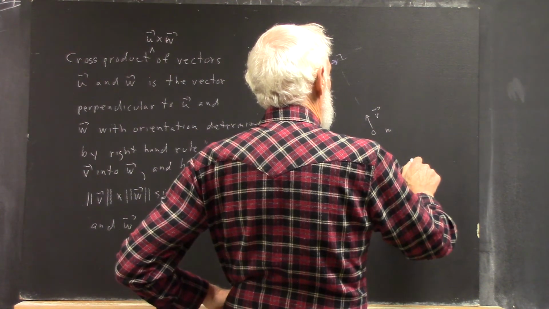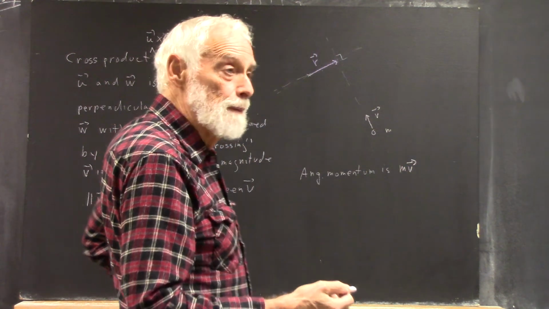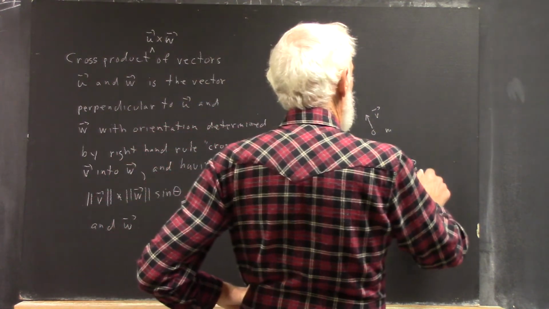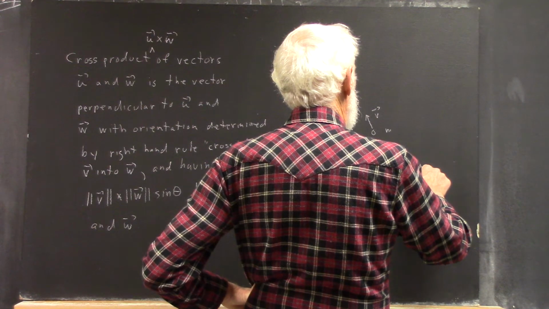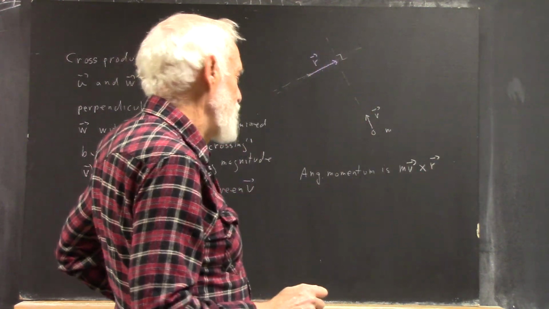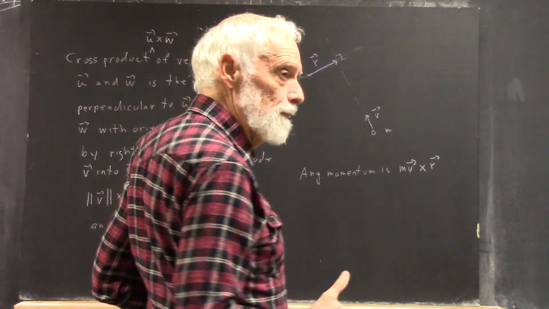I could use P, but I'll just use MV. It's MV cross R, and I think I've got that backwards, it's R cross MV.